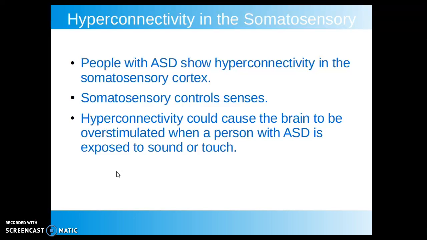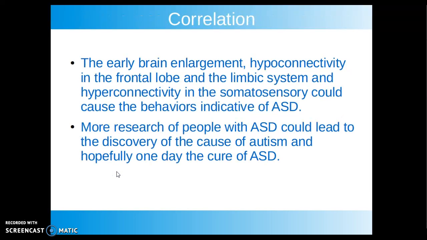After my research and observations made of the young lady that I stated earlier, the early brain enlargement, hypoconnectivity in the frontal lobe, hypoconnectivity in the limbic system, and hyperconnectivity in somatosensory could cause the behaviors indicative of autism, as seen by the behaviors that I have just told you.